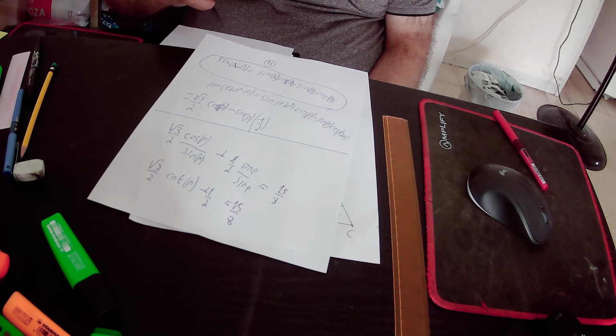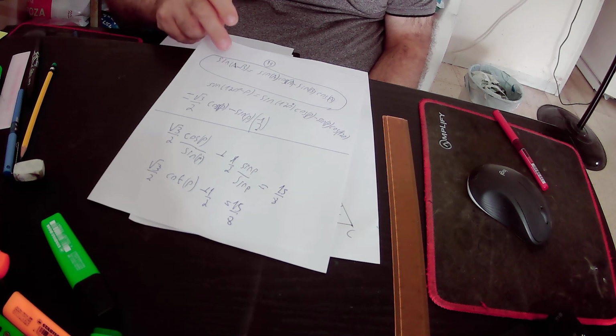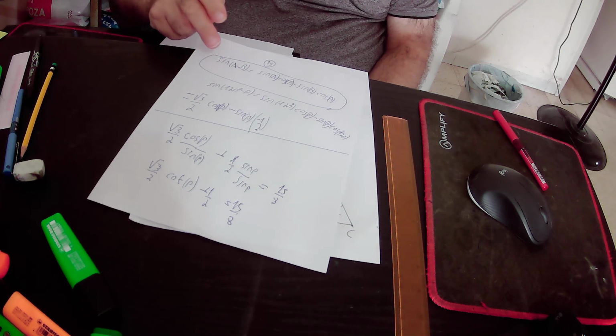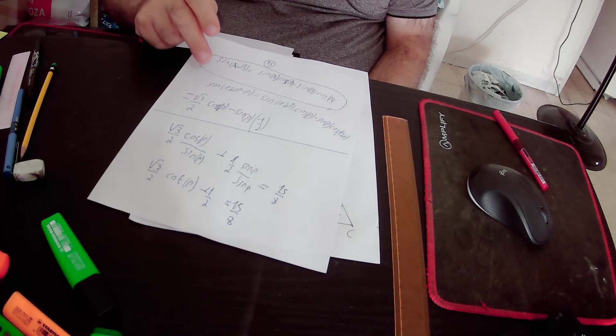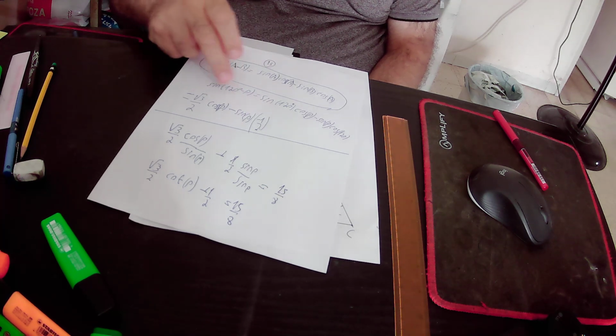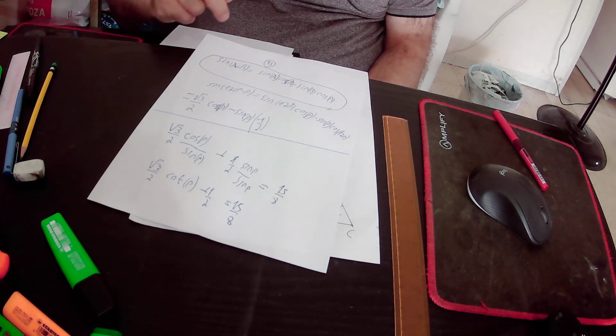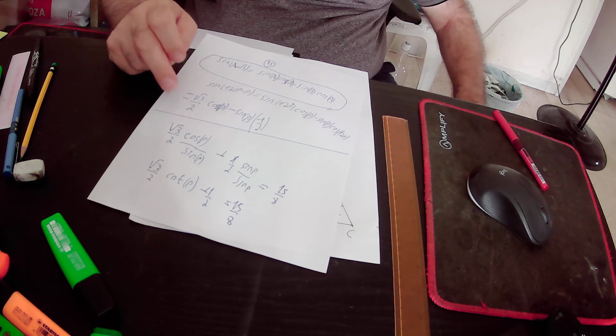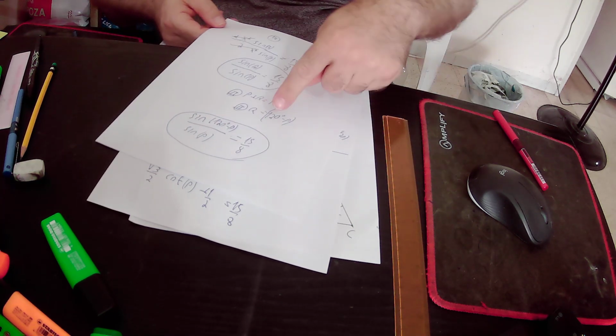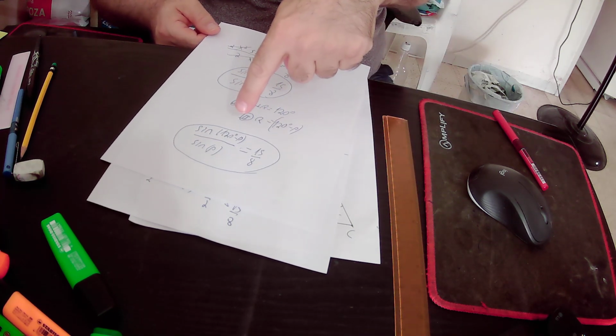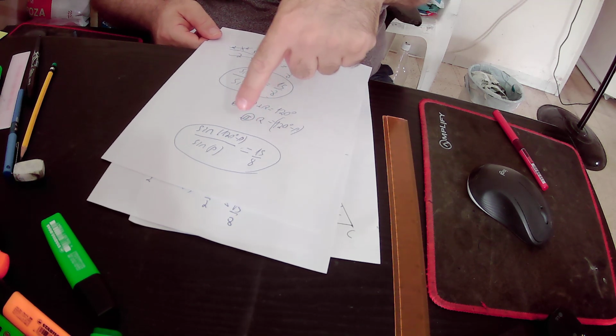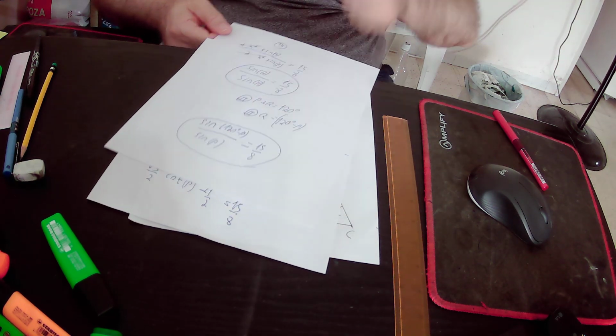Then we substituted it by this expression and put it in the original equality, that sine of 120 degrees minus p over sine p equals 15 over 8.